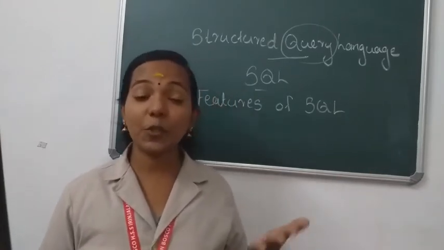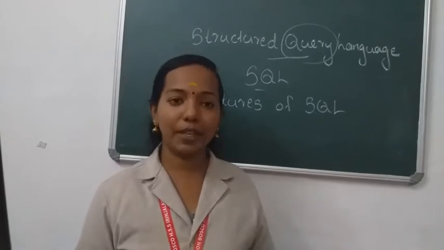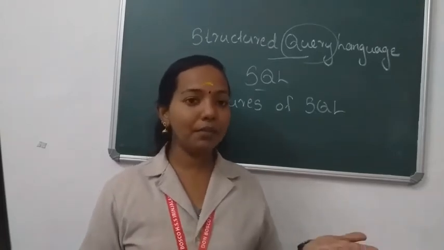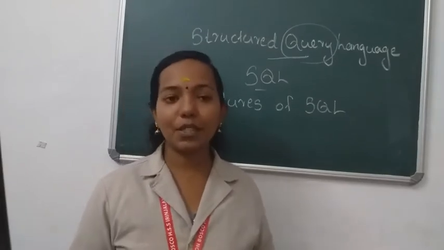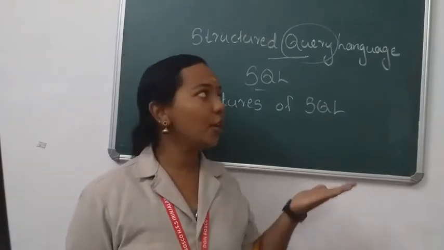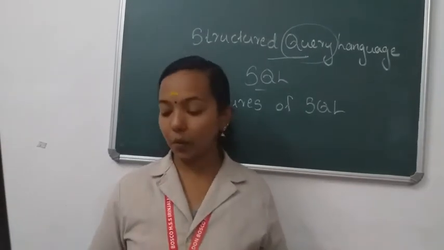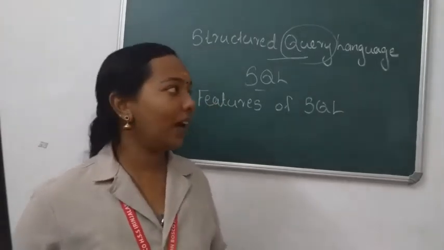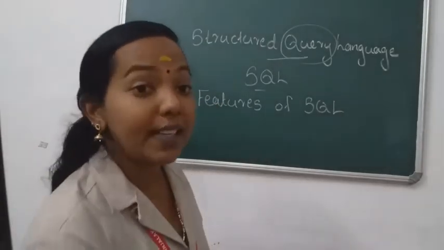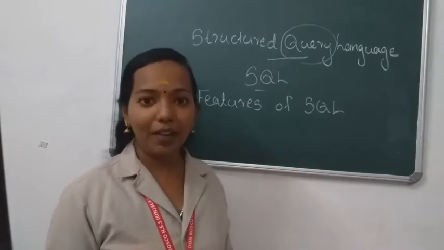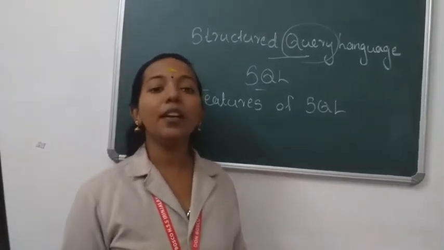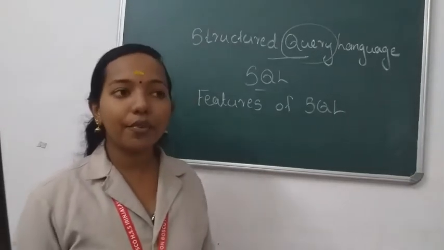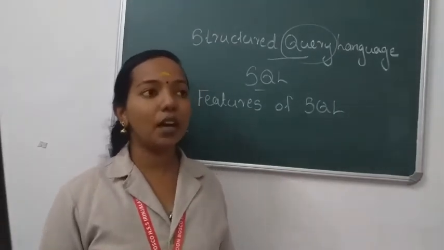That means we can specify the access permission, using the SQL query language. And the last advantage is that it provides views, different view levels. The view level is different for each user according to the user. So these are the different specialities or features of SQL.